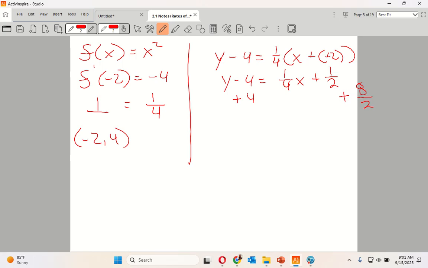I need common denominators, don't I? Because I'm adding this one to this one right here. I know I'm adding 4. 8 divided by 2 is still 4. So that's going to give me y equals 1 over 4x plus 9 over 2.